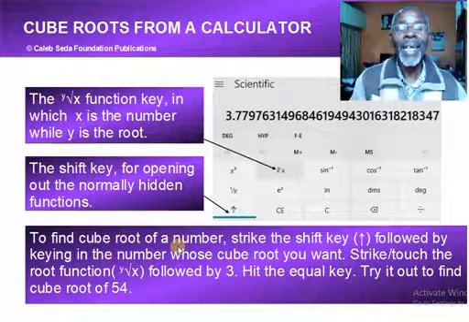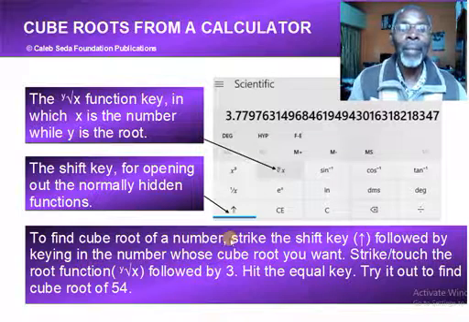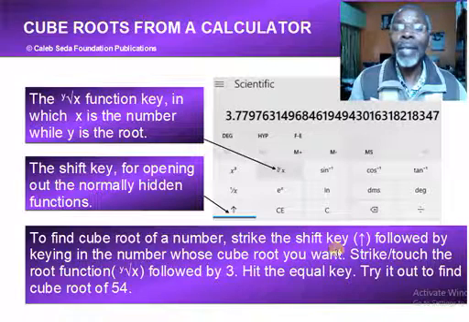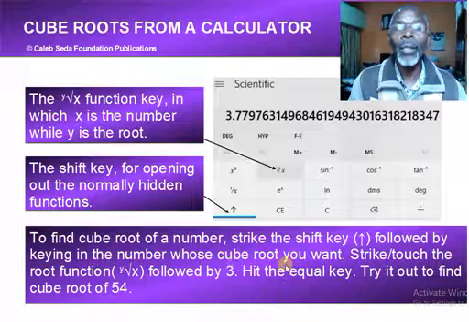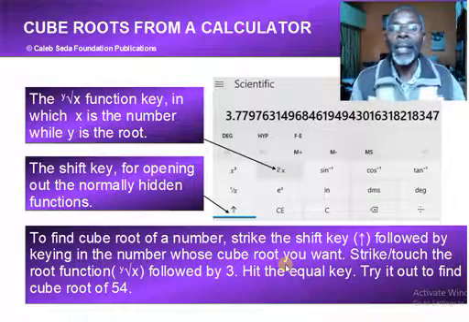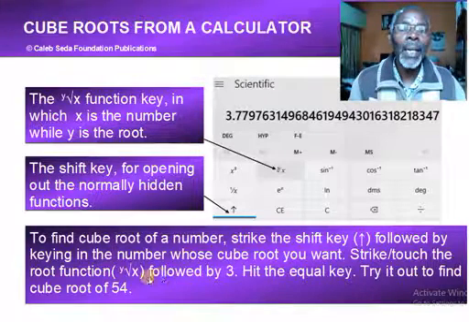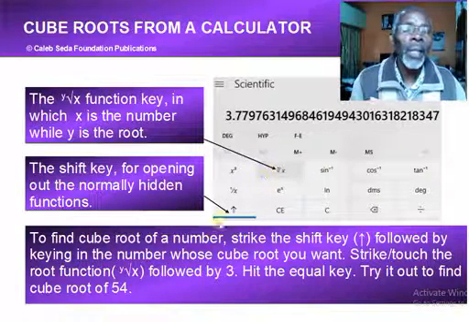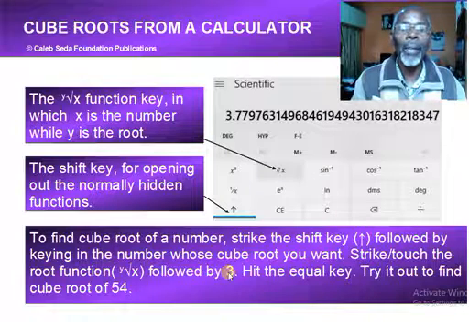You could touch, or you could strike, or depress, or hit the shift key first, then followed by the number whose cube root you are looking for. That would be the beginning, and then after you hit the number, you hit the root function key, followed by, because we are looking for the cube root, 3.